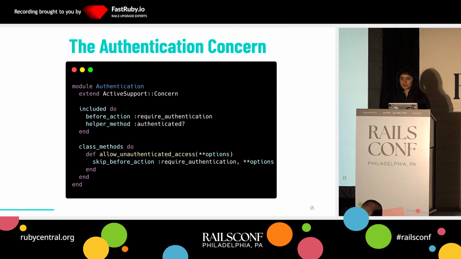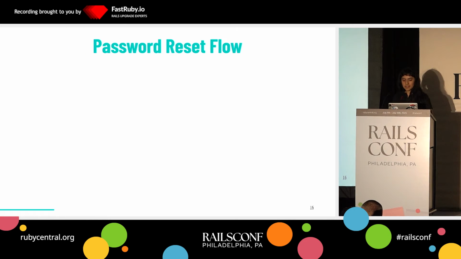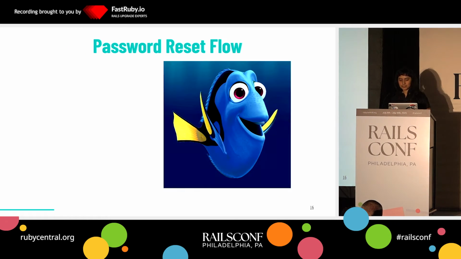So everything is really customizable. You can override whatever you want. It's very transparent. It includes a password reset flow because we've all been there. So you get this password flow out of the box, and you can easily replace it with tokens or magic links or any other kind of passwordless flow.